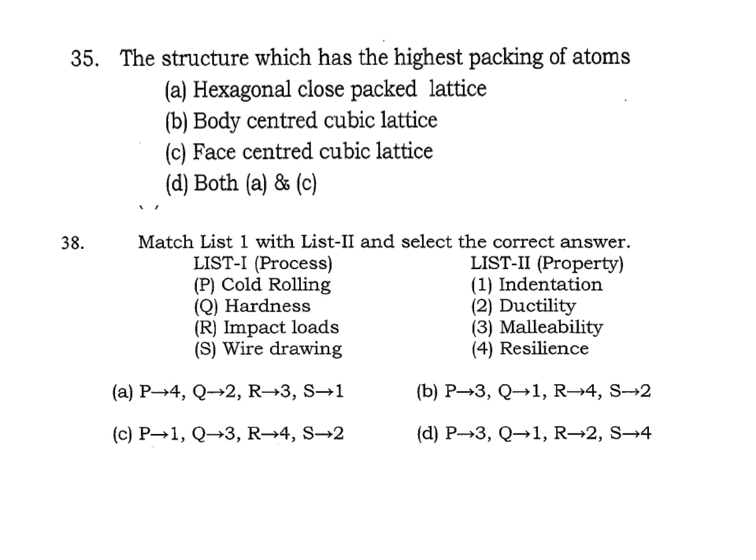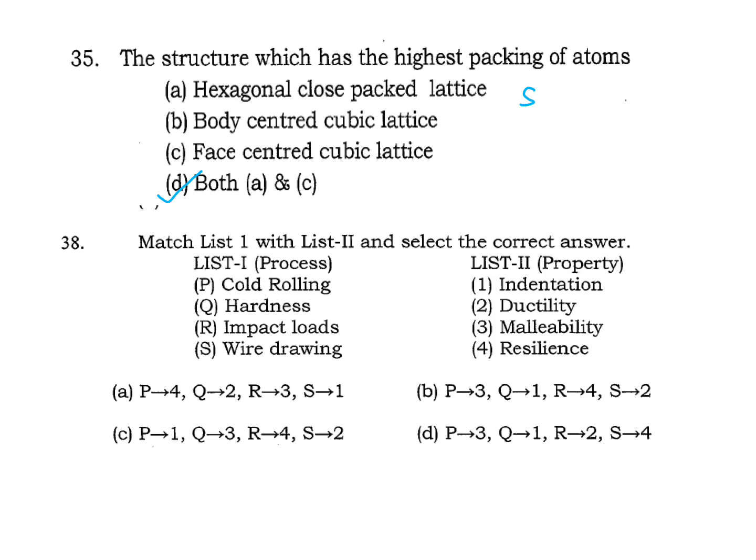The structure which has the highest packing of atoms. This question was asked in GATE 2015 also, where they asked the BCC structure packing factor. Its answer is 0.68 for BCC. But in this question, which has the highest packing of atoms? The highest packing is HCP and FCC. So both A and C are available, so D is the answer.